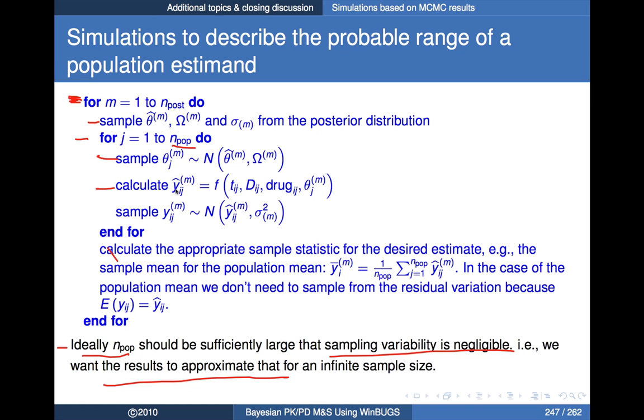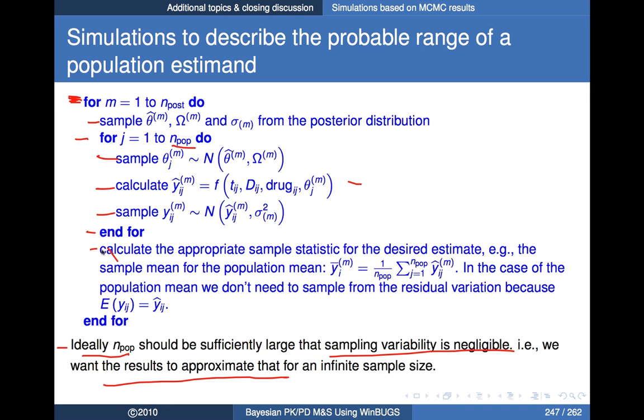We then calculate the expected value for whatever our observation is here. And then finally we do our residual variation here. So we generate these n pop hypothetical patients, or individuals. So we end that for loop.